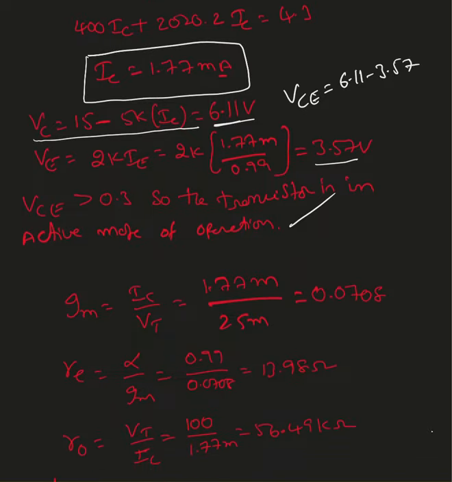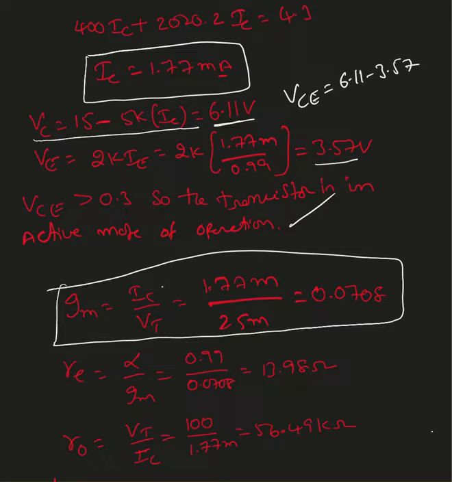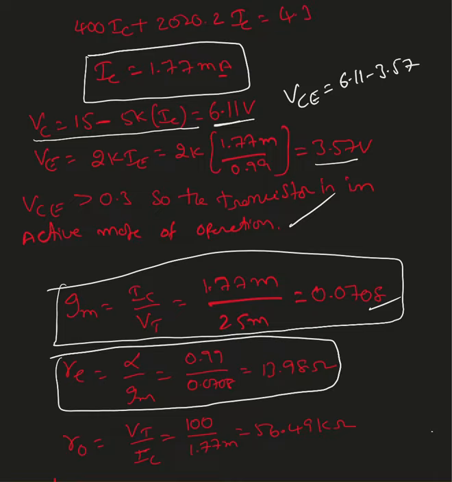Once it is in active mode, you need to find the transconductance Gm. The formula for that is IC over VT. 1.77 milliampere, that's the IC we found. VT is the thermal voltage, which is always 25 millivolts, plus or minus. So I found the Gm, that's the transconductance. RE is alpha over Gm, and I found that value as 13.98.